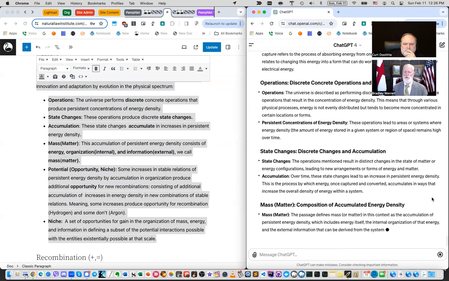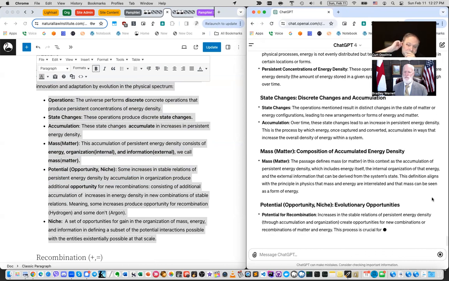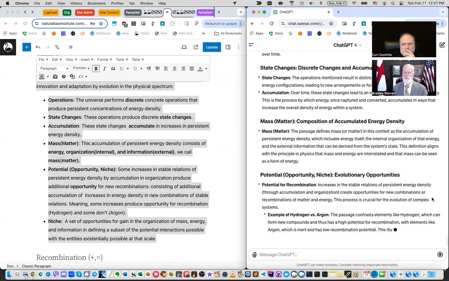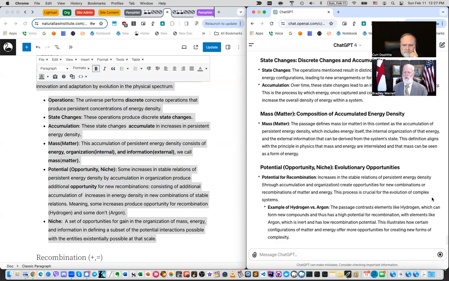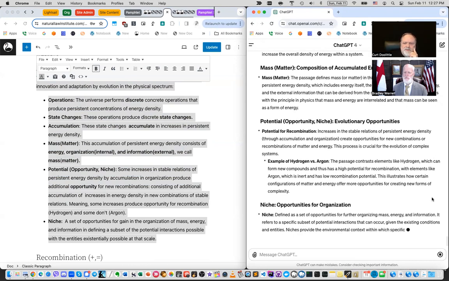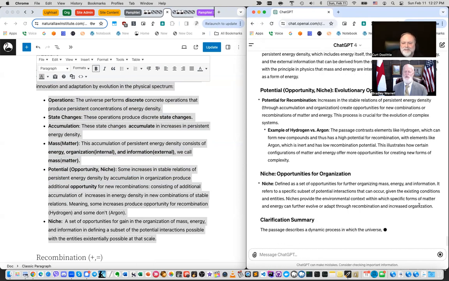That's just crazy what it can do. Did I put argon and hydrogen in there? If I didn't, that was interesting.